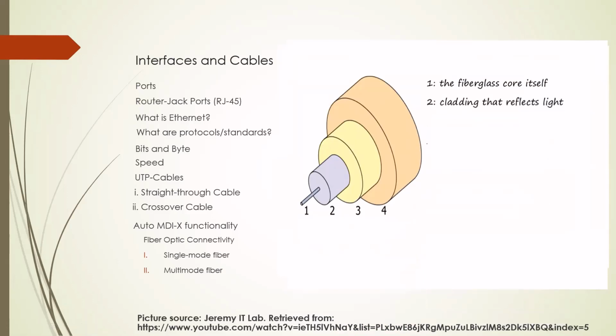The second one is the cladding. It reflects the light that is being sent into the fiberglass so that it goes the distance it's made for. Then the third part is a protective buffer. After the protective buffer is the outer jacket that protects the fiber itself.